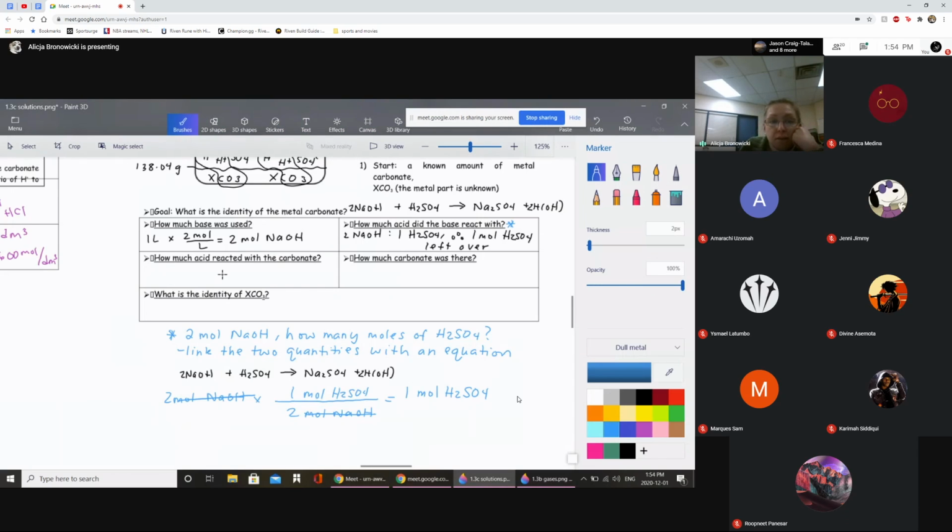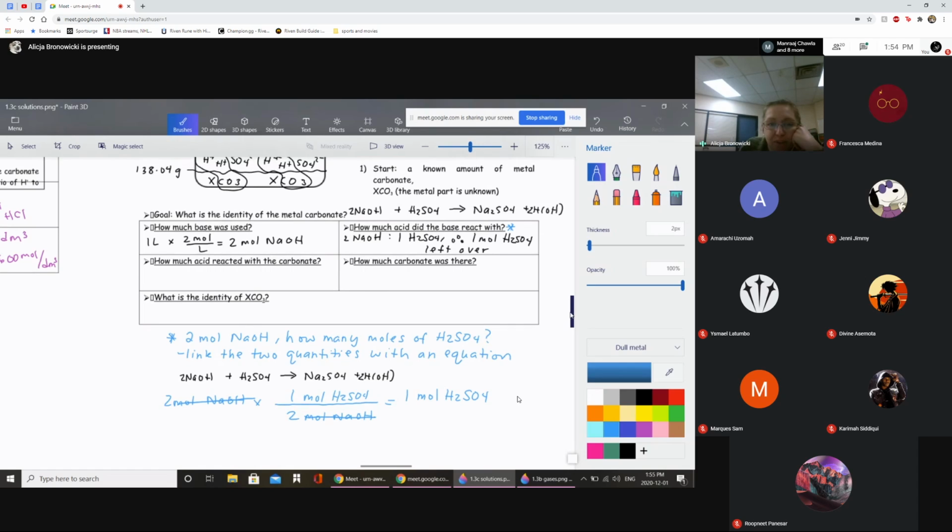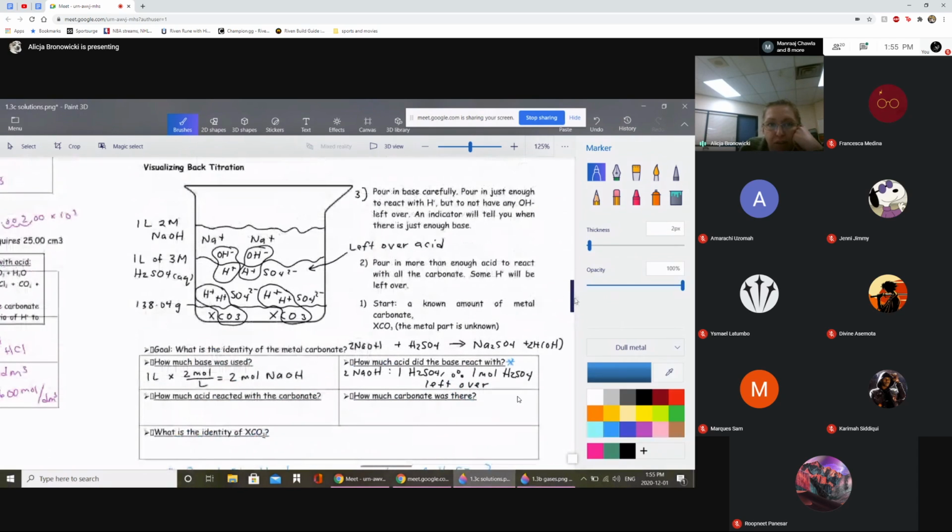All right, so how much acid reacted with the carbonate? Let me go back to the picture. These are long questions. What I've just figured out is this. What I have to figure out now is this: what reacted with my carbonate.